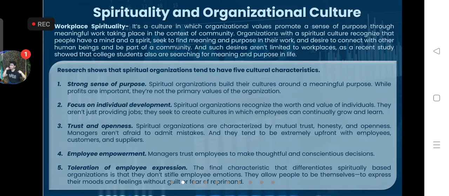So next we have employee empowerment. Managers trust employees to make thoughtful and conscientious decisions.